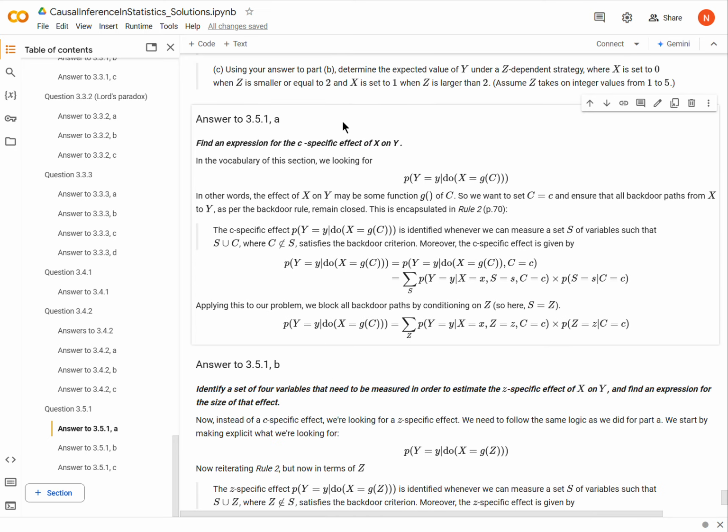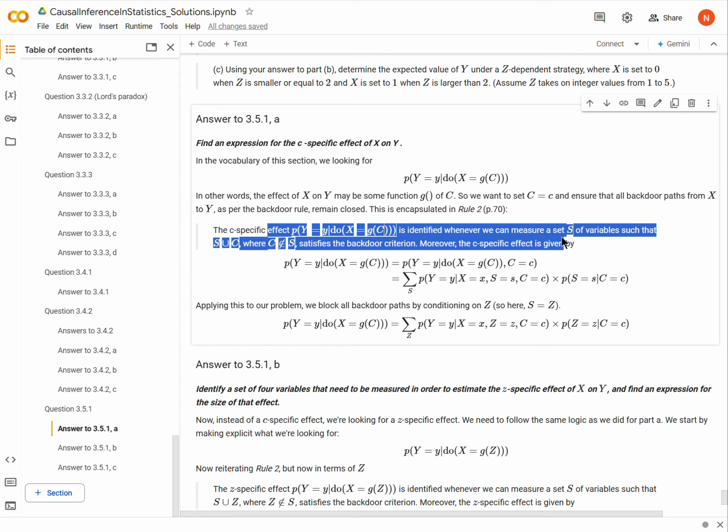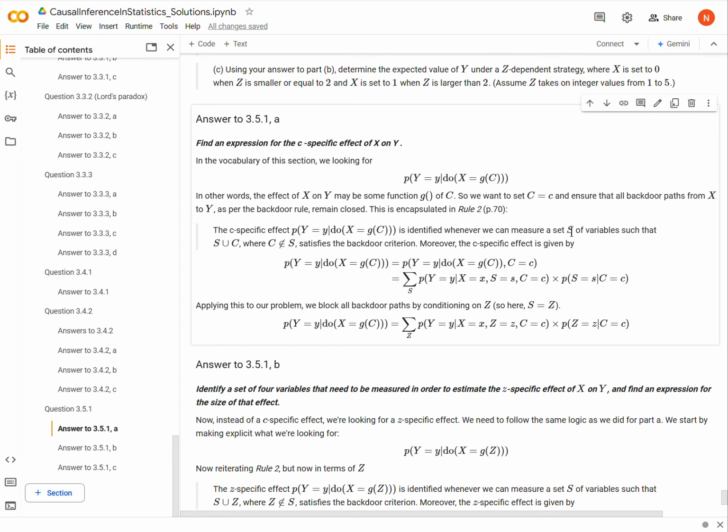So our set of non-C variables S only needs to include Z, right? So S equals Z here, according to the rule.